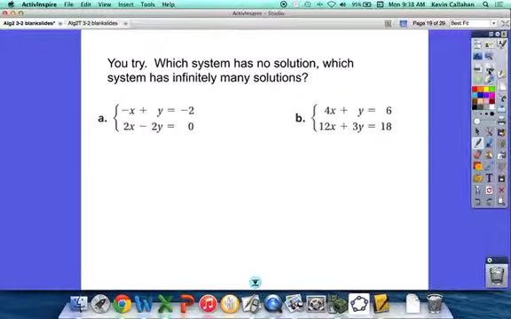What would you multiply in this first one so that you had opposite coefficients? Which one would you multiply?